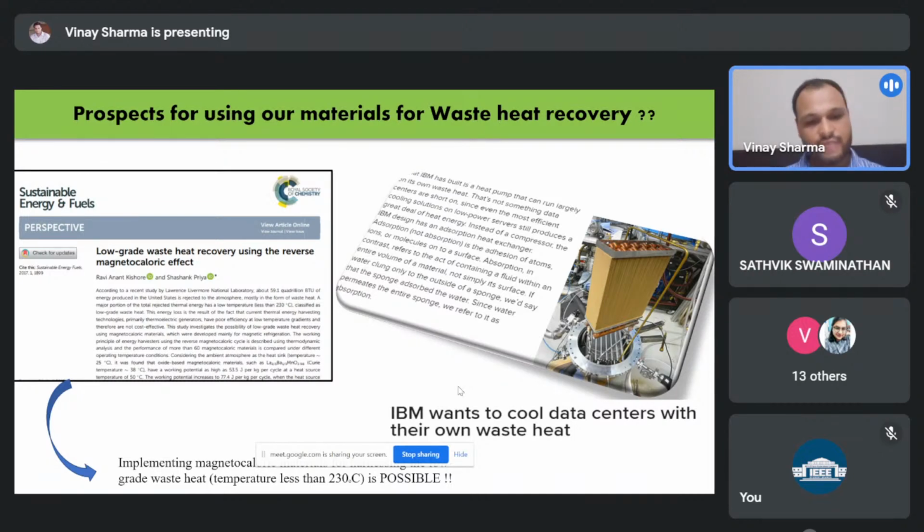This is just speculation that every household will be using MCE based refrigerators and devices. If they think about 2030, then it may go to 2040. But yeah, it will happen.